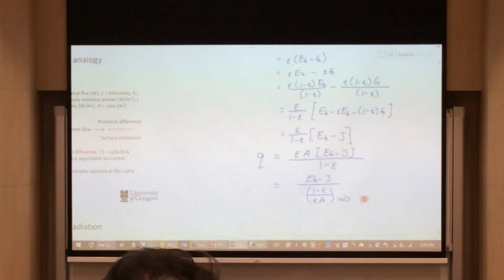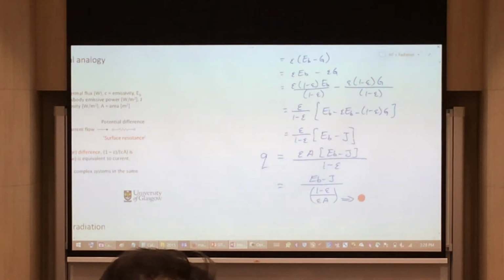And this is what we call your surface resistance. So this surface resistance is very similar to the thermal resistance that we had seen before, but in radiation we don't call it thermal resistance. We call it surface resistance in this case for that surface.